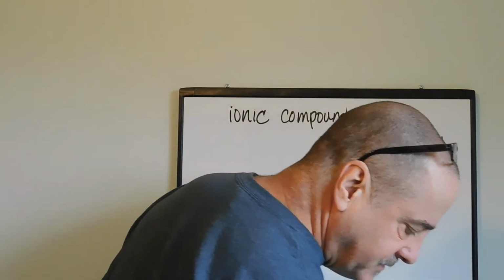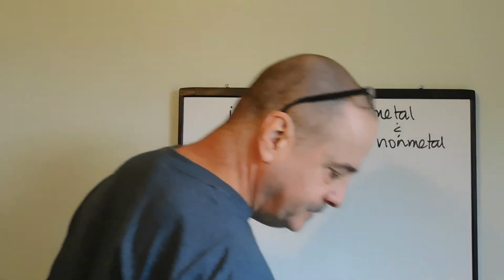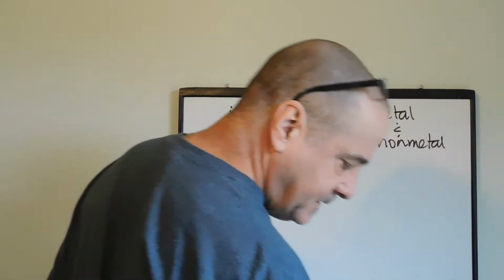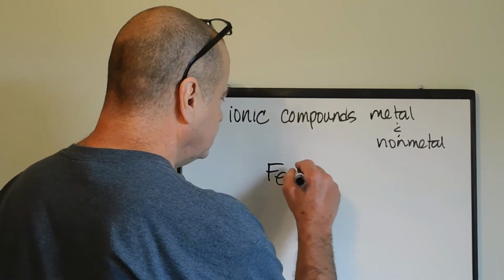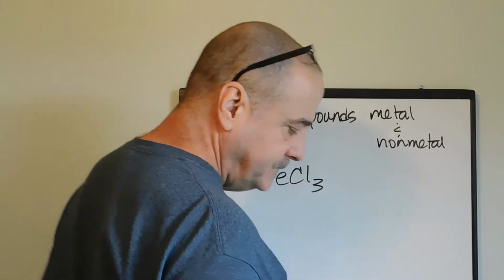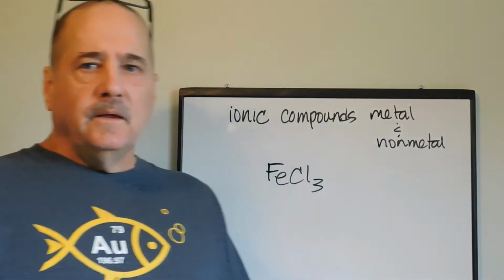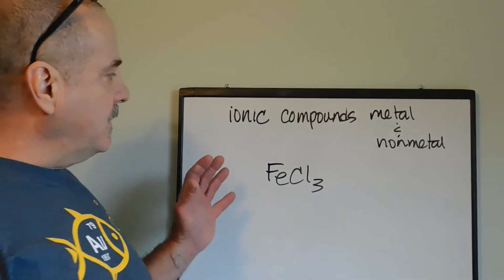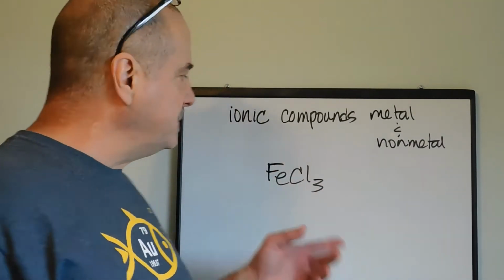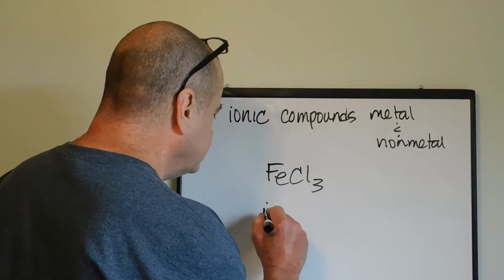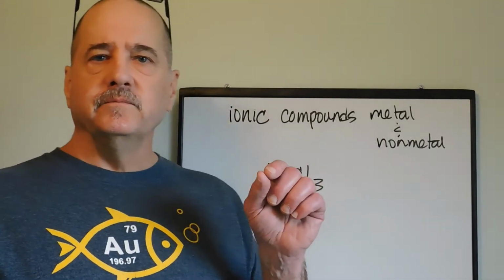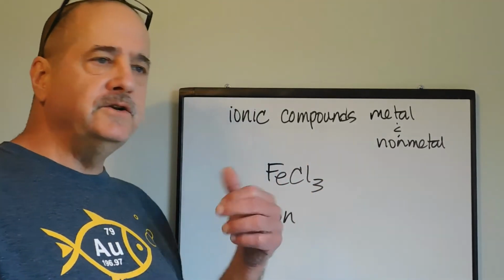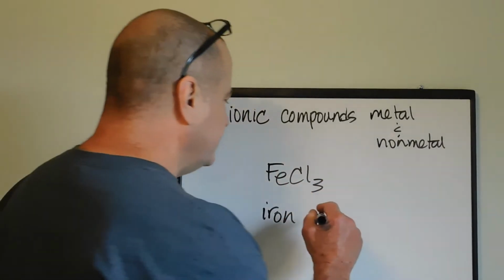Now, one with a transition metal. You start out the same way. You write down the name of the metal, iron. Then you write down the name of the nonmetal, chlorine, changing the ending to IDE.